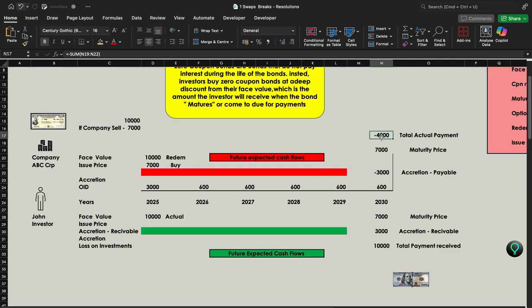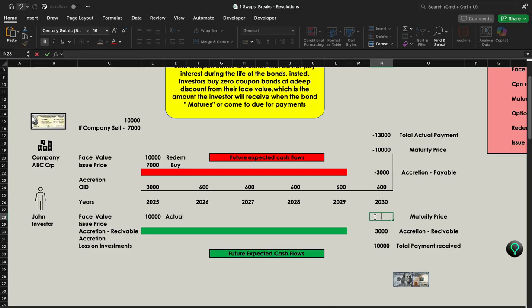The investor will receive 13,000, but the investor invested 7,000.